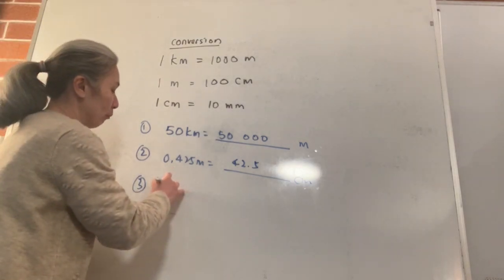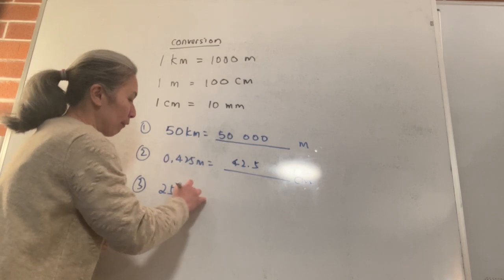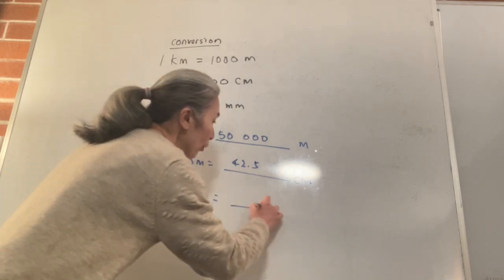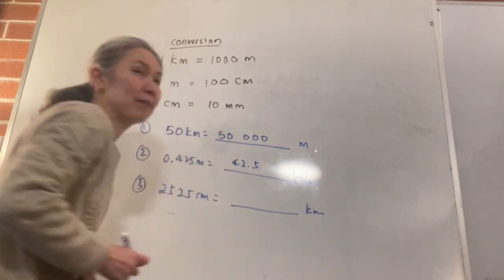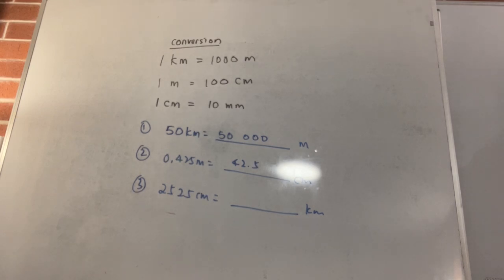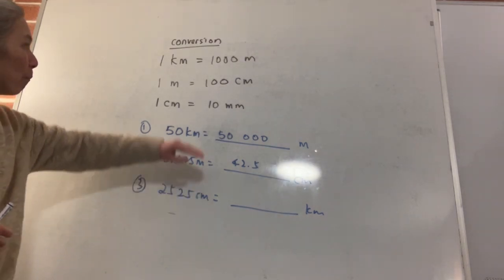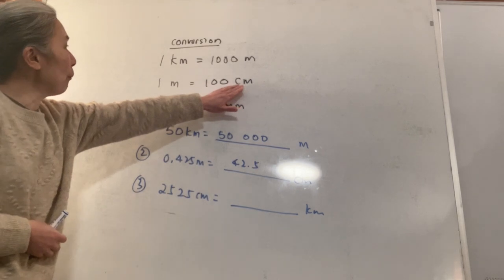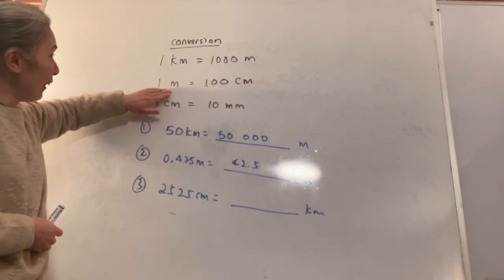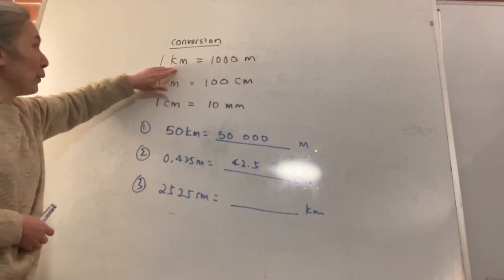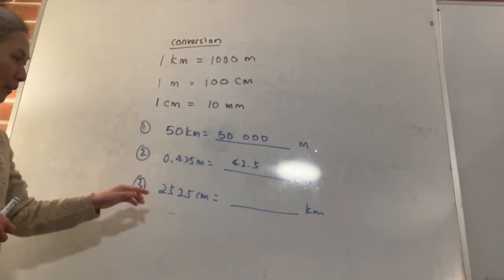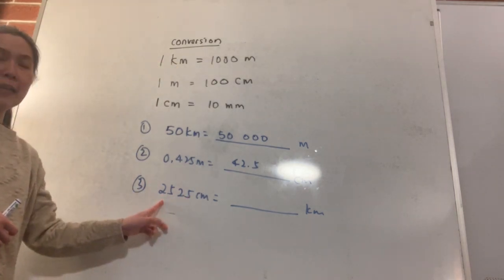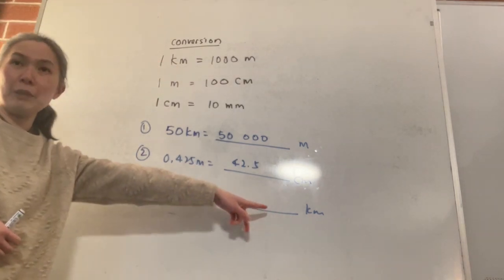If I have 2,525 centimeter equal to how many kilometer? Right, from centimeter I cannot go directly, at the moment I need to go to meter, and then from meter go to kilometer. This is a smaller unit, and kilometer is a huge unit.